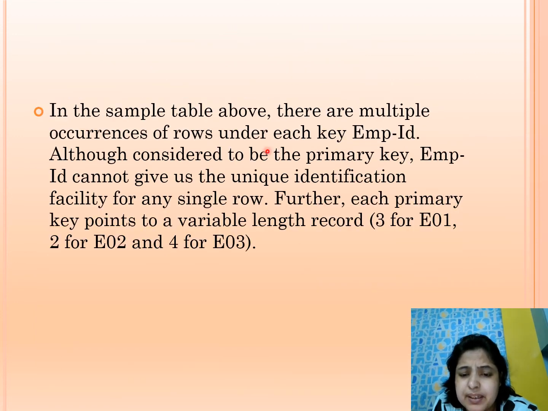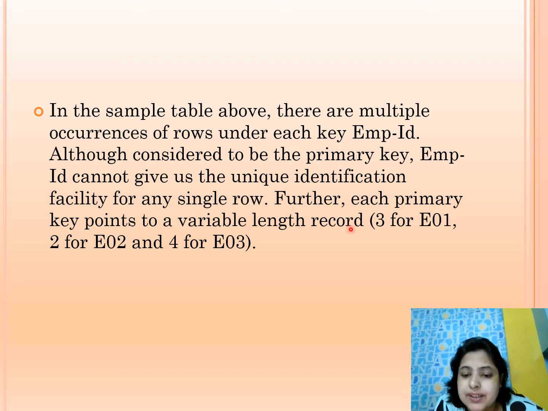In the same table above, there are multiple occurrences of rows under each key, employee ID. Although considered to be a primary key, employee ID cannot give us a unique identification facility for a single row. Further, each primary key points to a variable length.